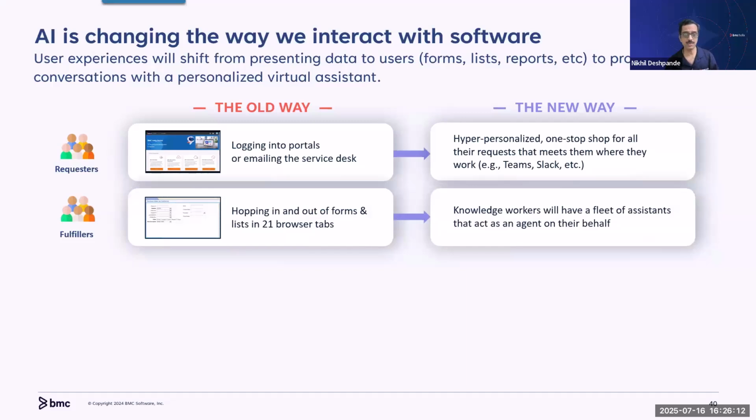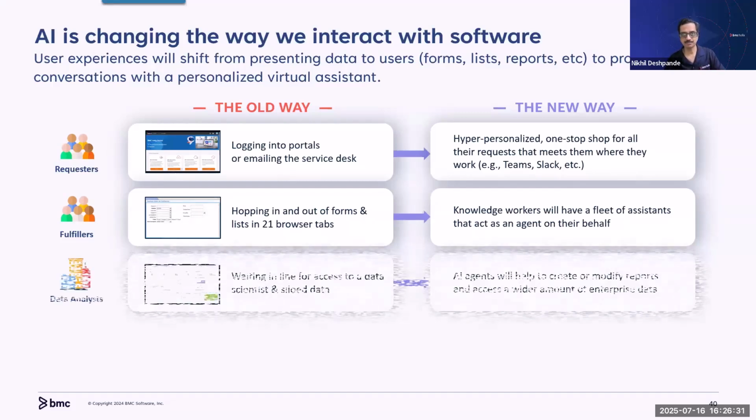The old way was to hop in and out of multiple forms in various browser tabs. The new way is for IT workers and other knowledge workers to have a fleet of assistants that they can call upon to act on their behalf and serve their customers.